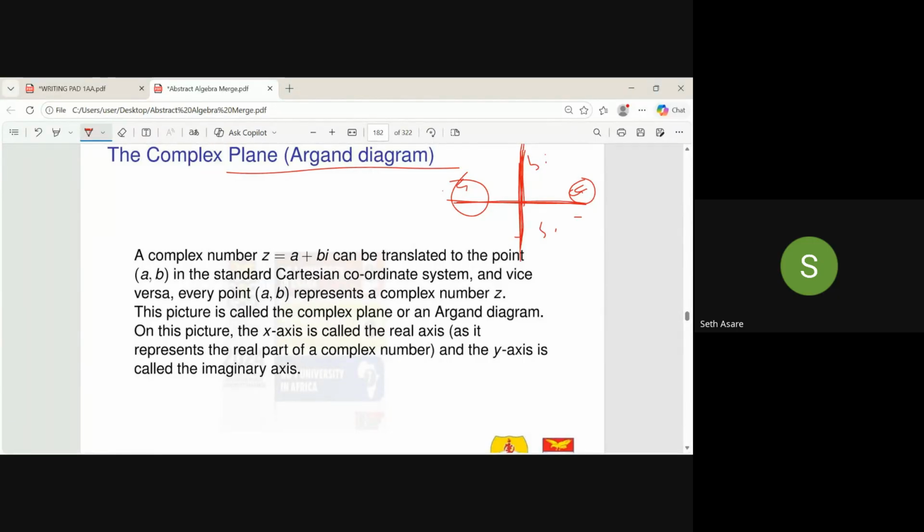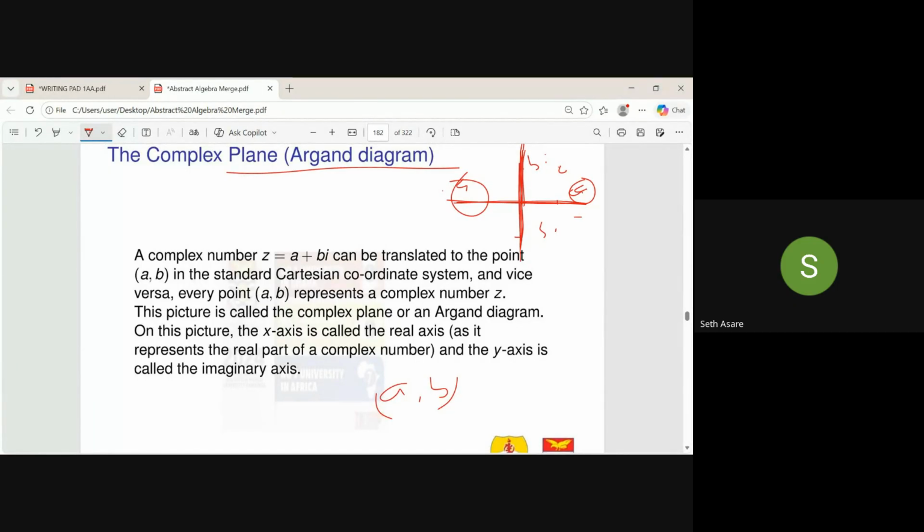Anytime we are plotting A and B, the A tells us the steps on the real, and the B is measured on the vertical, which is the imaginary one. Are you okay? That is what we are trying to do.